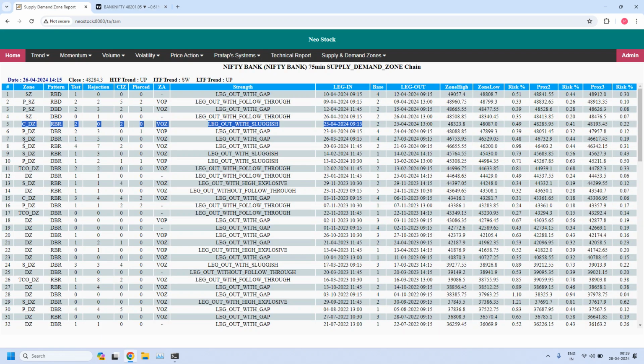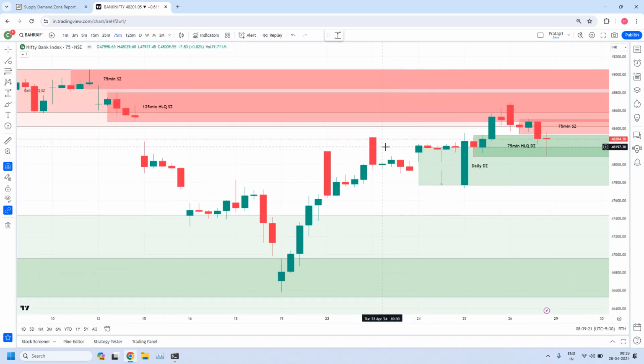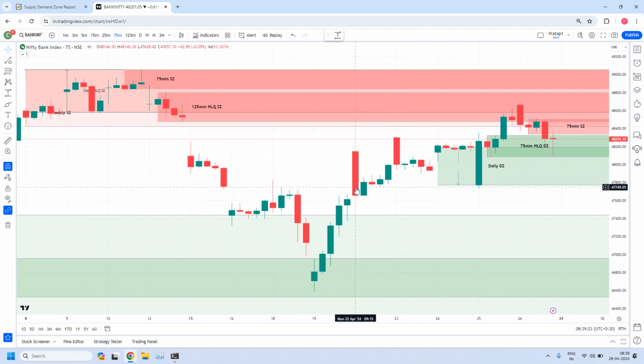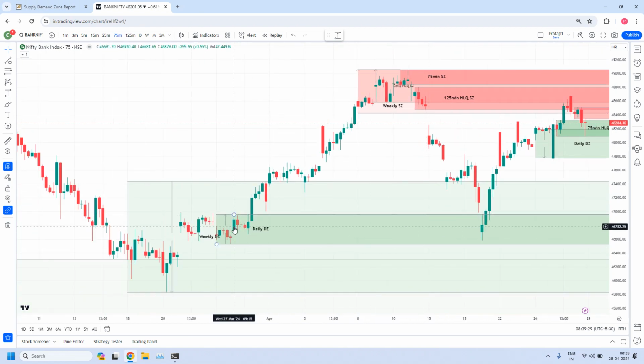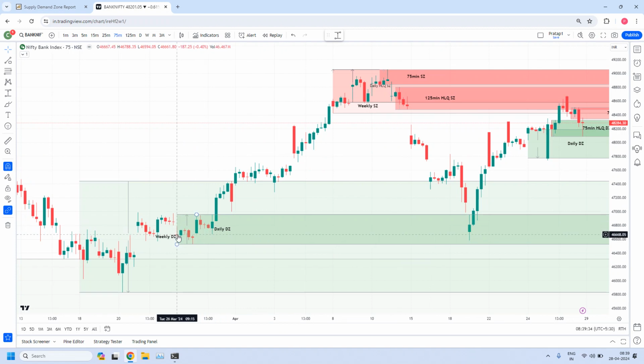And we have one more high liquidity zone which is valid. This is on 26th March 9:15. After that 4 base candles. 26th March. This is the one.